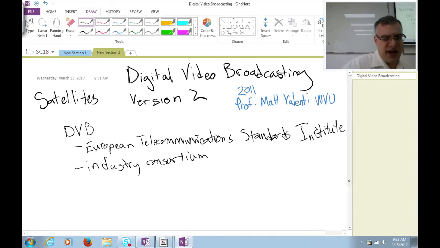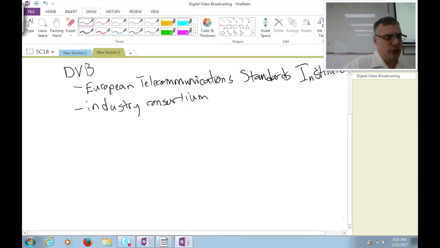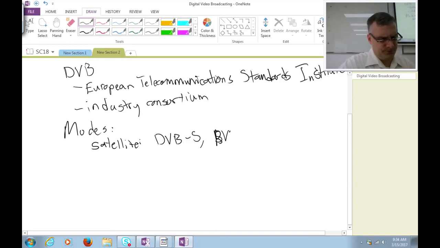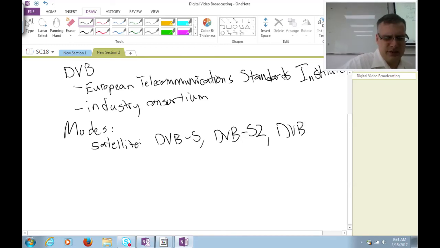And it's a family of digital video broadcasting standards that includes standards for satellites: DVBS, the first one, DVBS2, which is the most popular one nowadays, and then DVBSH.